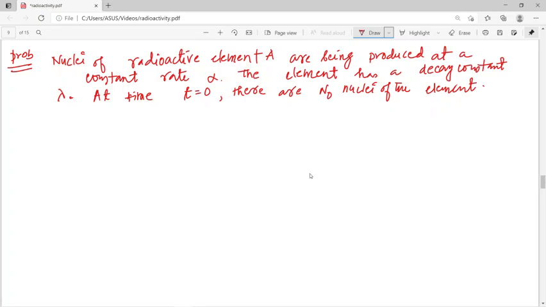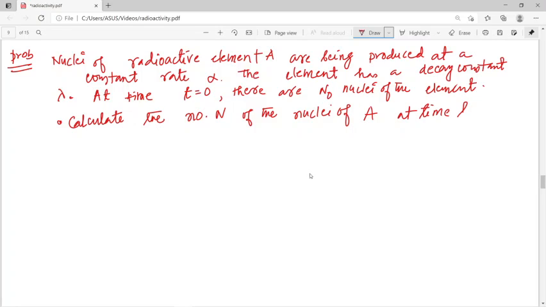So the first question is, you have to calculate the number n of the nuclei of A at time t. You have to calculate the number n of the nuclei of A at time t.